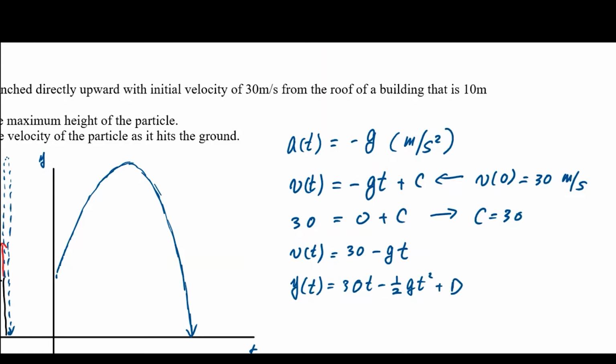Now, our initial condition there, y originally is equal to 10 meters. And we substitute that. So the left-hand side becomes 10, and the right-hand side becomes 0 minus 0 plus d. And that tells you d is equal to 10. So far with me?